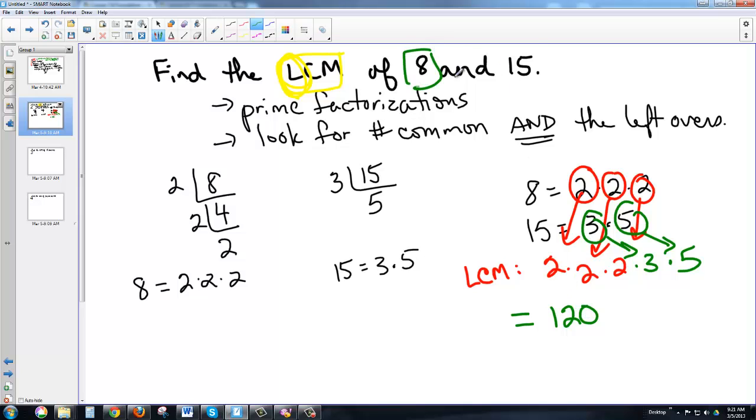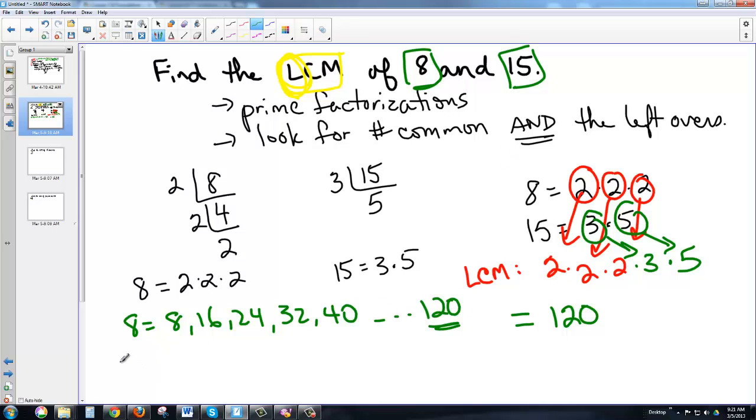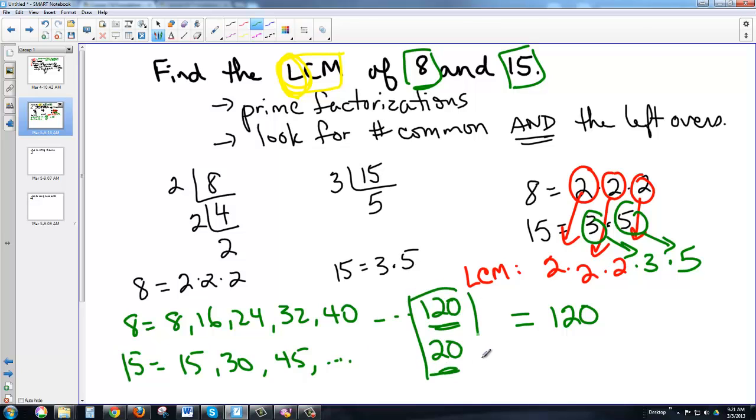The smallest multiple of 8 and 15, meaning if I took 8 and wrote out all of the multiples, 8, 16, 24, and so on, working my way along, somewhere on this list is 120. If I did the same with 15, 15, 30, 45, and so on, somewhere on this list is 120. This is the smallest number that is a multiple of both 8 and 15.